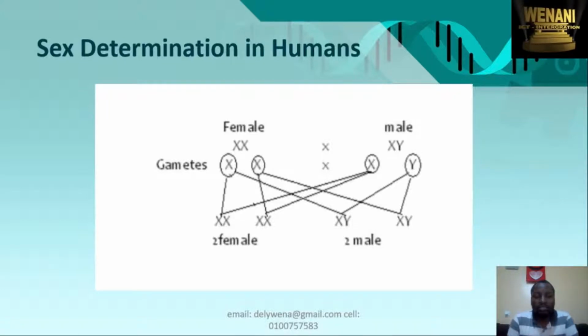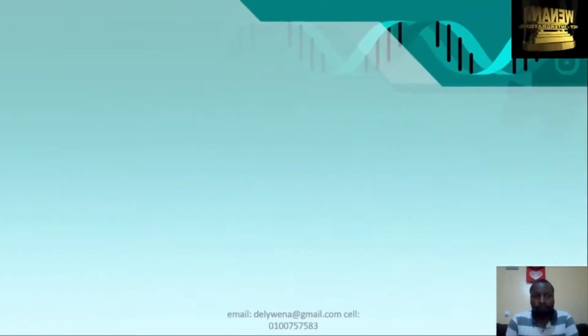Because the female has both X's, it is the male that will determine the sex. If the X from the male fuses with the X from the female, a female zygote will be formed. If the Y from the male fuses with the X of the female, then a male will be formed. Therefore, we have equal chances, two females and two males in such a cross. We say they are 2-2.